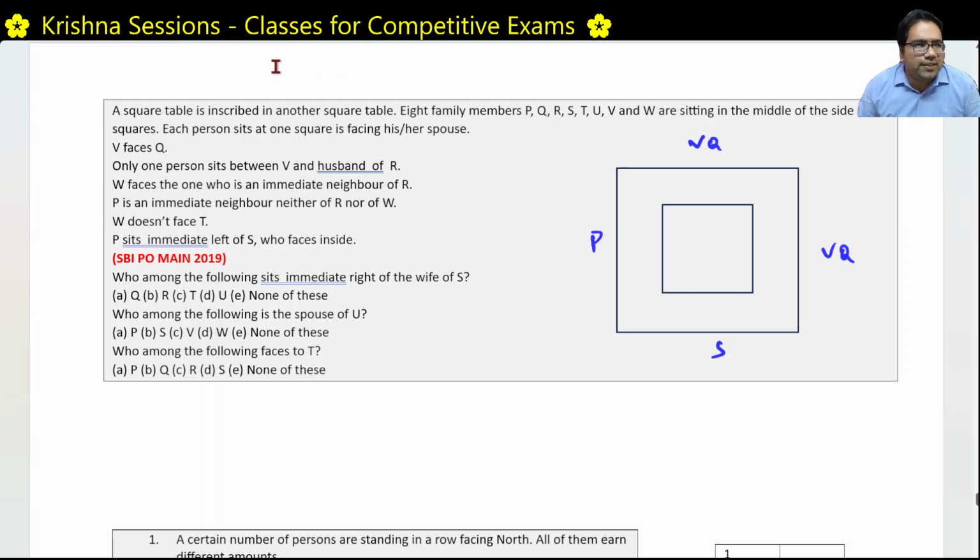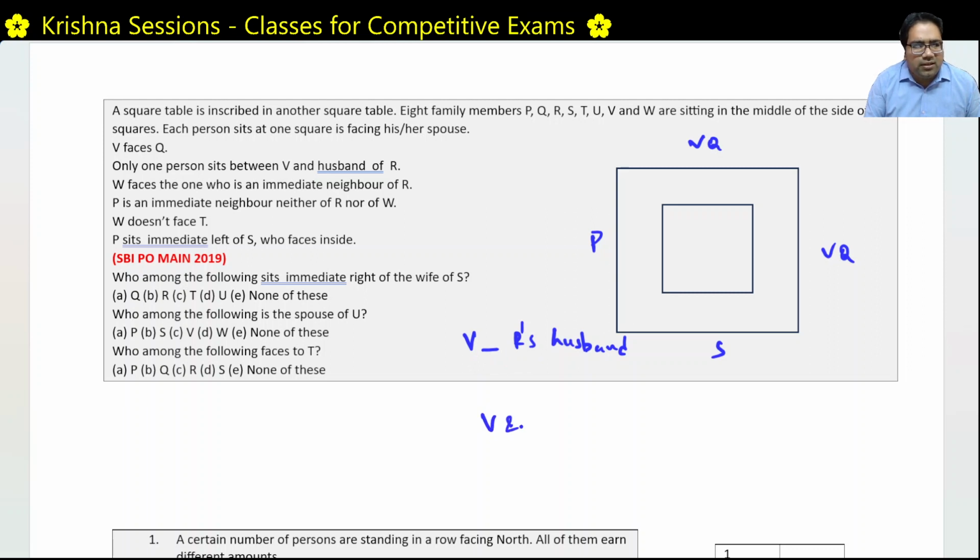What we are saying: only one person sits between V and husband of R. Only one person sitting between V and R's husband. What does that mean? V and R's husband are on the same square.